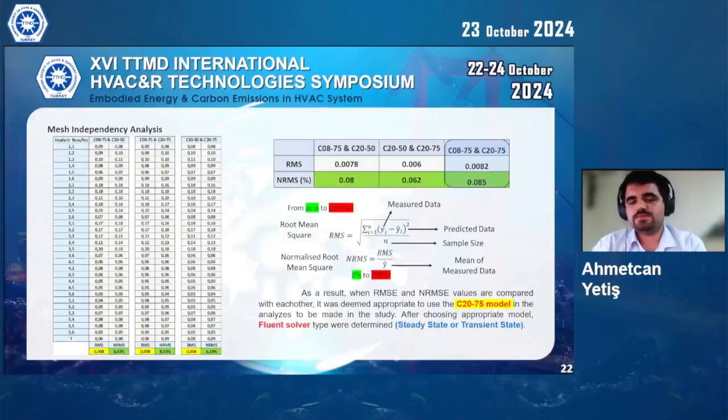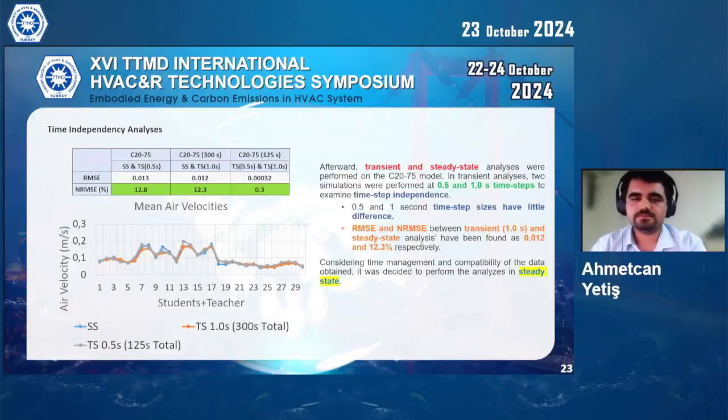When the results of analysis made with these 3 meshes are compared, it was deemed appropriate to use a C2075 model due to having relatively low error when compared with the other, more dense structures. Then, before giving the results, I will give some information about the Fluent solver type.